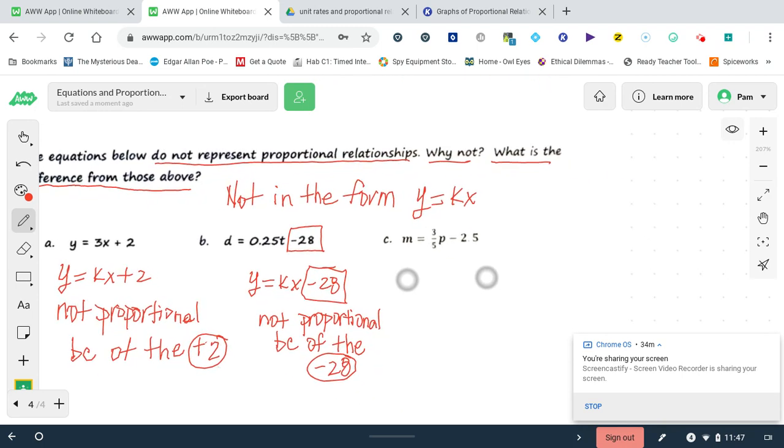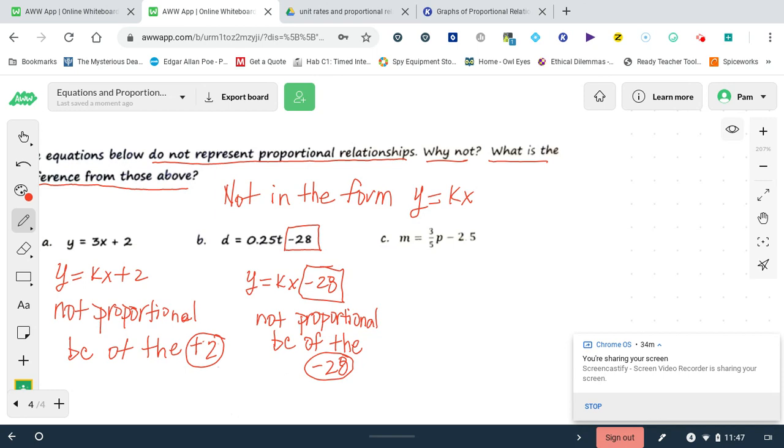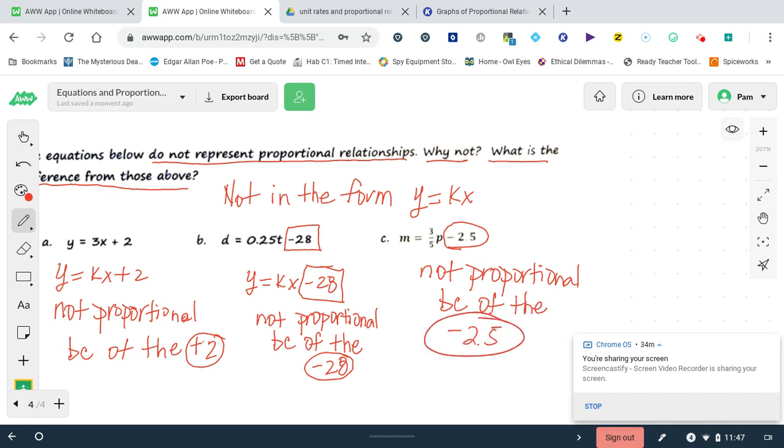And on this one, the problem here is the minus 2 and 5/10. Basically, if it's proportional, it won't have plus anything added to it, or minus anything on it.